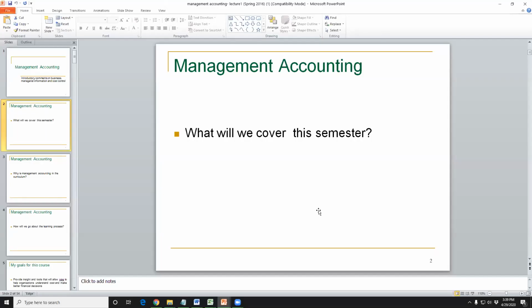So what will we cover this semester? We'll cover the various aspects of management accounting. We'll start with why it's important to understand cost. We'll look at some of the key tools around management accounting: cost, volume, profit analysis, differential costing, some pricing analysis, and then we'll evolve into the planning and control discussion, budgeting, control against the budget, etc. So management accounting is in the curriculum because it exists in every organization.